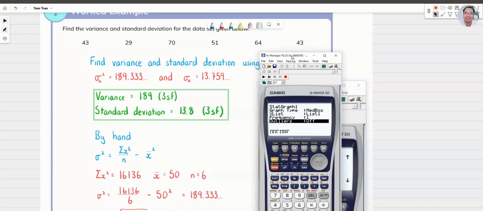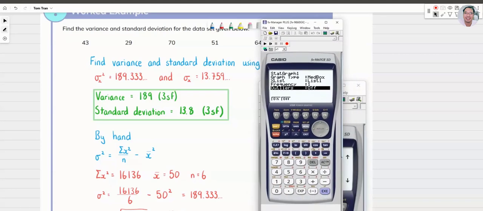For this example there's no outlier, so we turn it off. And then graph 2 dimension, graph 1 again. Here it is, the whisker plot. And similarly, we hit the shift button and trace to see the minimum.